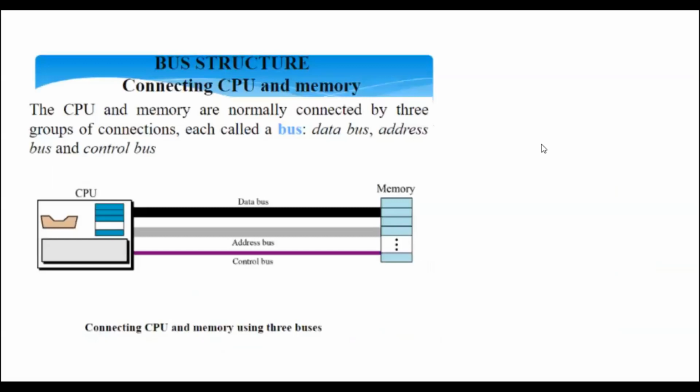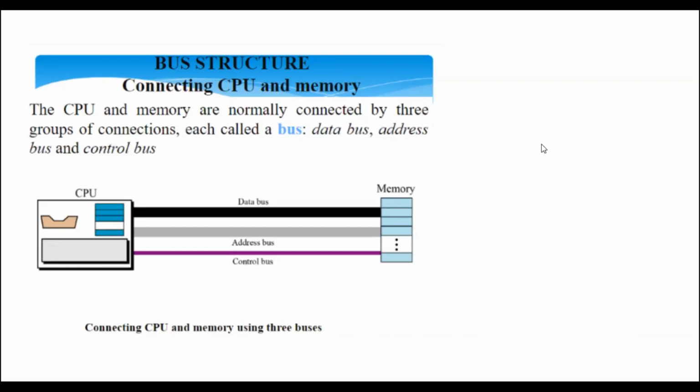Okay, so let us move on to bus structure. A simple figure shows the connections of the central processing unit and memory. The CPU and memory are normally connected by three groups of connections, each called a bus: a data bus, an address bus, and a control bus.